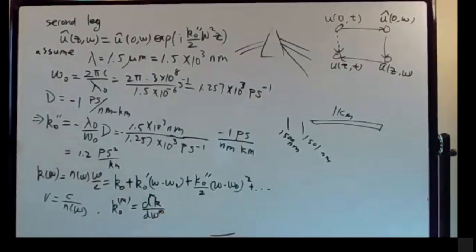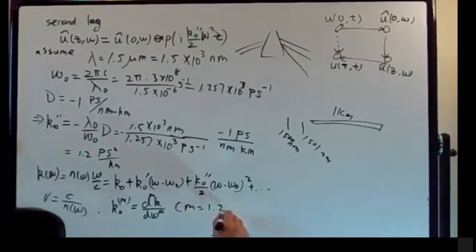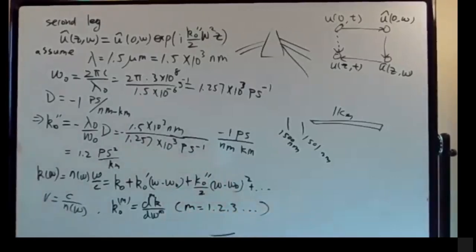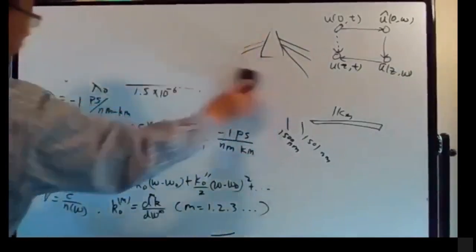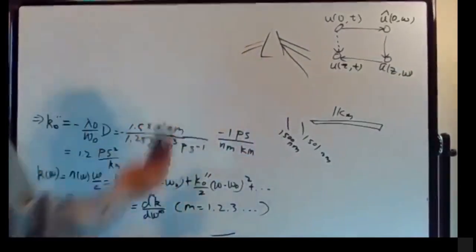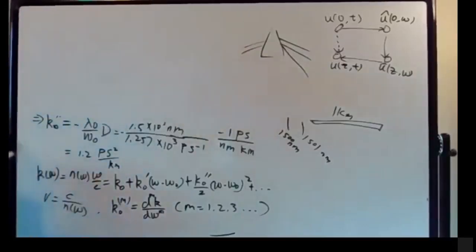So dk d omega with m-th order derivative, m equals 1, 2, 3. So m is the derivative.